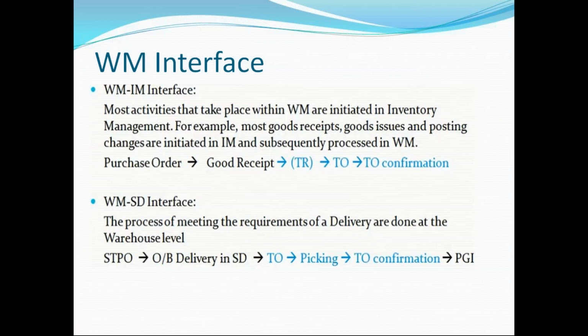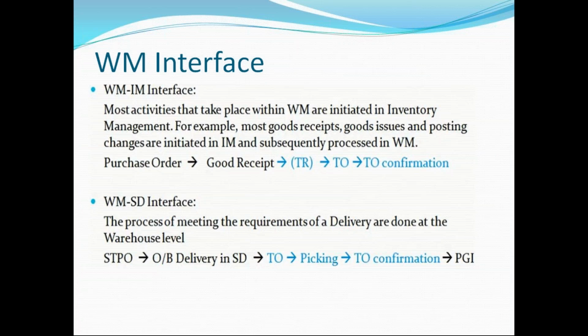Then the WM-SD interface. The process of meeting the requirements of deliveries is done at the warehouse level. An STO, a stock transfer order or purchase order, will be created. Then the outbound delivery in SD, so we are picking the material and pushing it to the external customer.